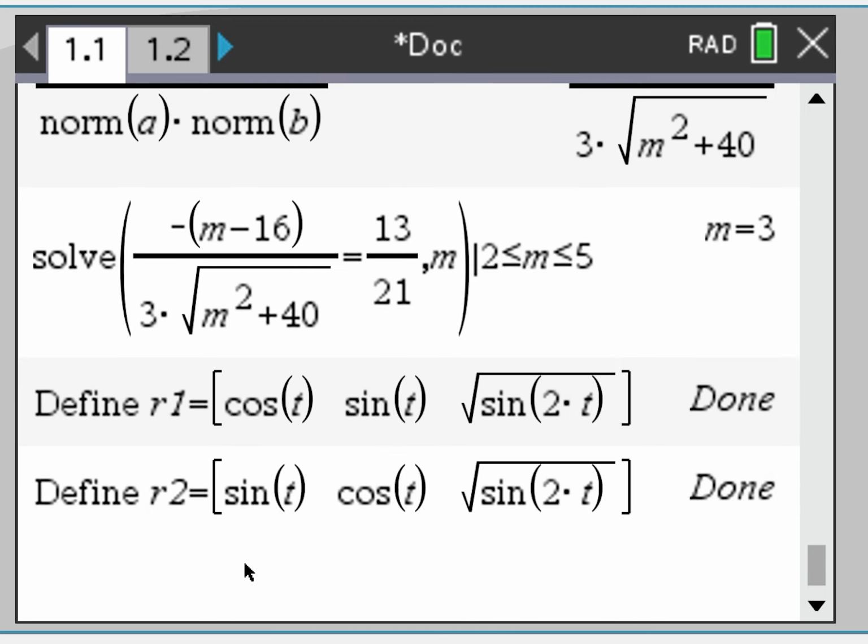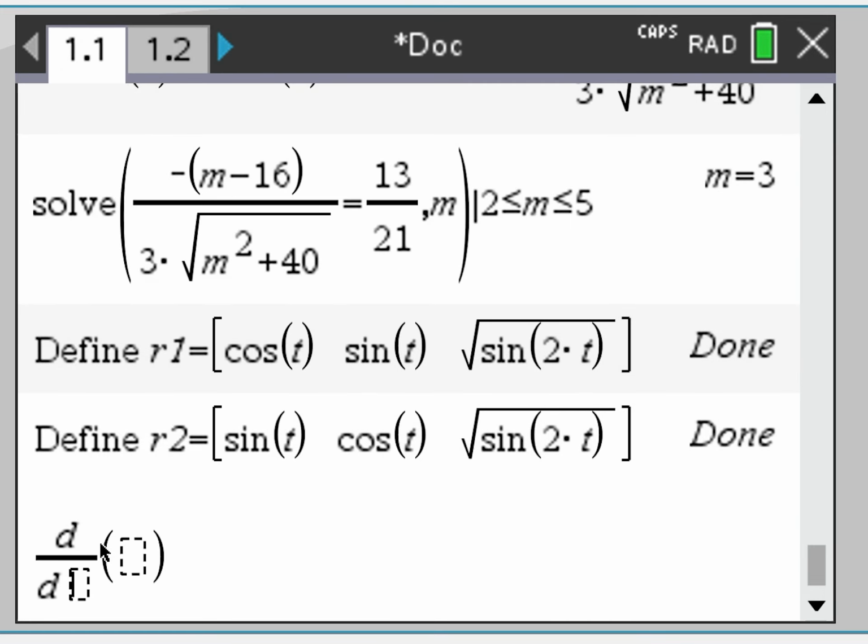Okay, so enter. Now the question is asking the number of times the velocity of particle 1 is perpendicular to the position vector of r2. So how do I find the velocity vector? This r1 is the position vector, right? So in order to get the velocity vector, I differentiate it. So let's differentiate that.